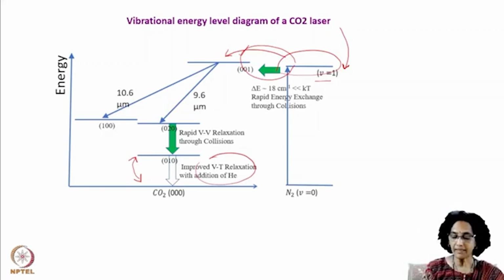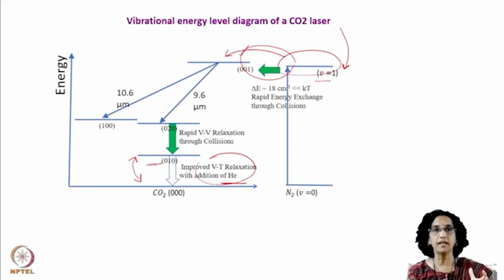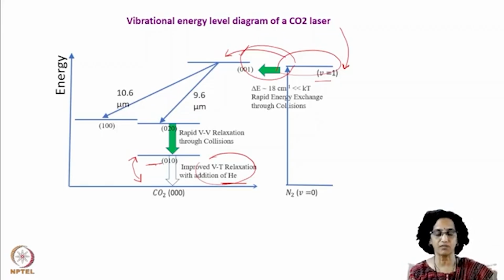Therefore, by the addition of a large amount of helium, this depopulation becomes very easy. Helium conducts away this extra heat as its own kinetic energy and delivers it to the discharge tube walls, from where it is conducted away by a coolant, the water that flows there.